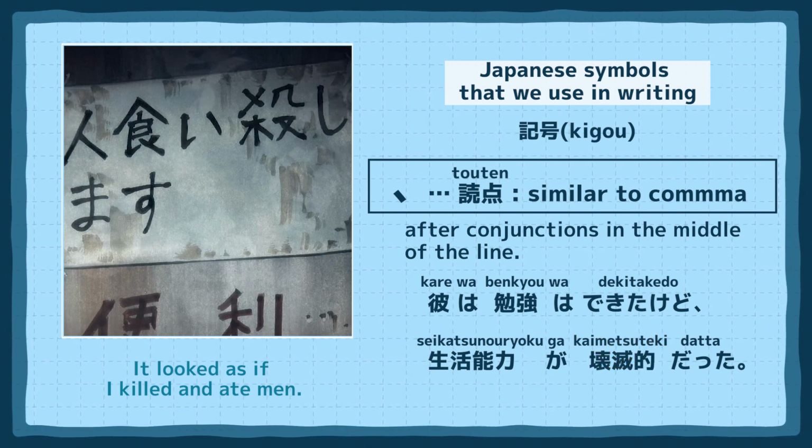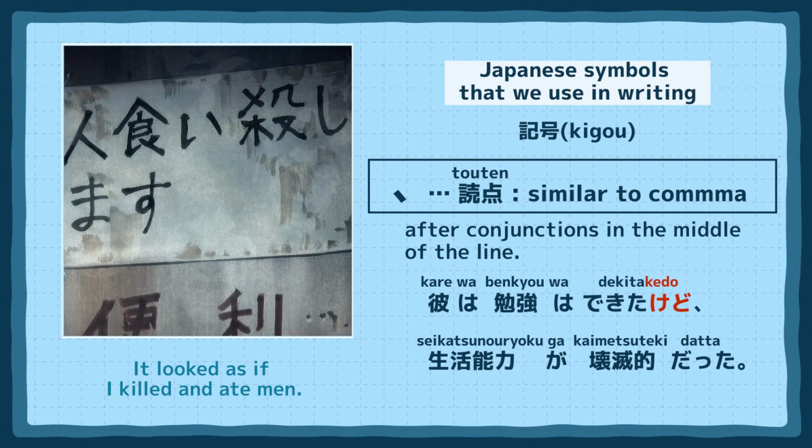The literal translation is, although he can study, his ability of living is catastrophic, which means he is intelligent but cannot do housework at all. Here, けど, although, is a conjunction, so it's better to have a touten after that.